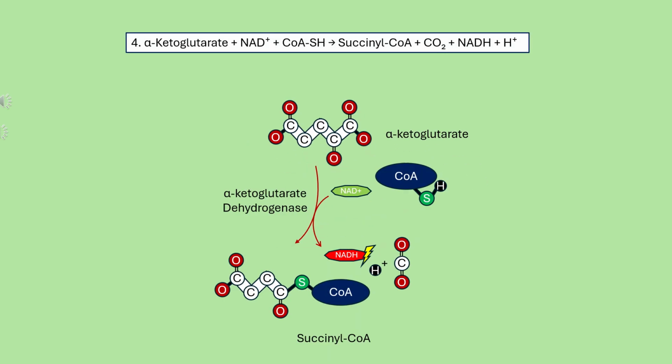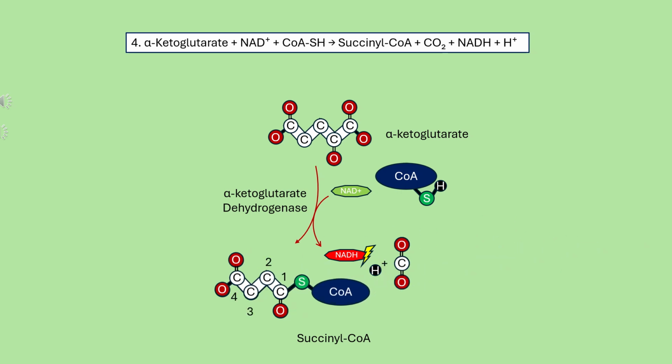Step 4 is another and the last decarboxylation step in the citric acid cycle. Alpha-ketoglutarate loses a carbon dioxide, forming a 4-carbon intermediate. And then coenzyme A, the same one that was used to make acetyl-CoA, is attached to it, forming a 4-carbon succinyl-CoA molecule.